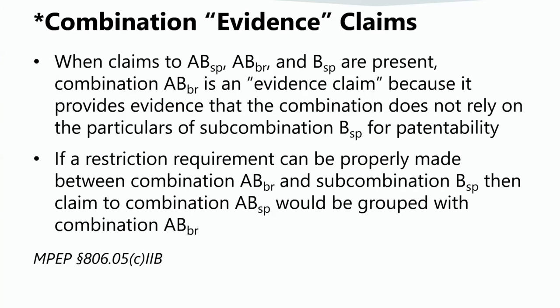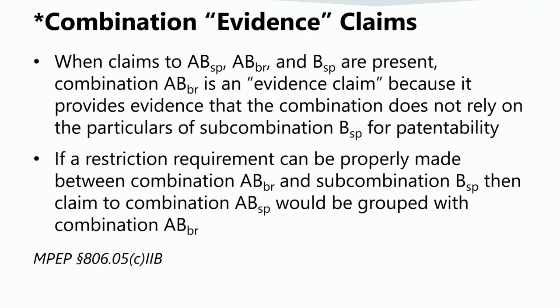When you have claims to A and B-specific, A and B-broad, and B-specific, claim A and B-broad is an evidence claim in that it indicates that the combination does not rely upon the specific details of the subcombination for its patentability.